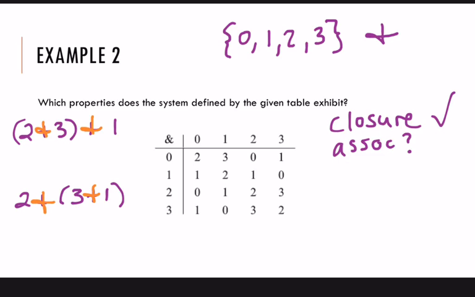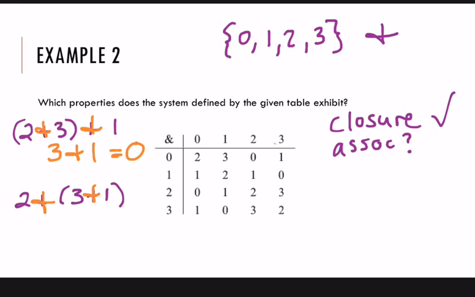So 2 and 3. It's not 5. We're going to follow the table, not your normal rules for addition. So here's 2, here's 3, and 2 and 3 is actually a 3. Then 3 and 1. 3 and 1 is 0. It's kind of weird. It's more of an abstract idea, but you're just reading off what's written in the table.